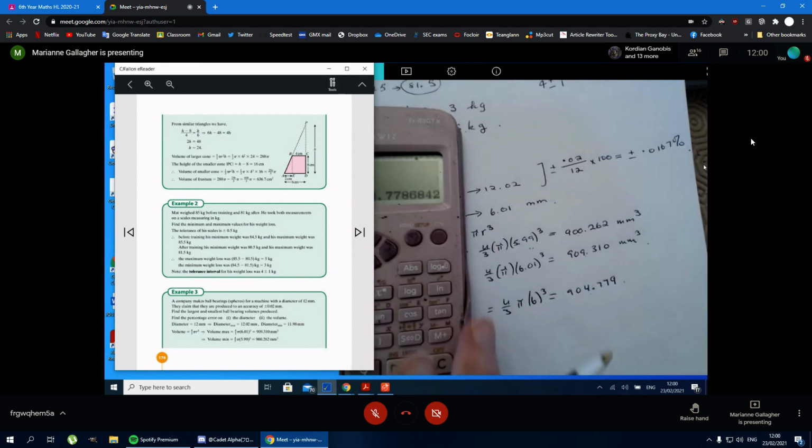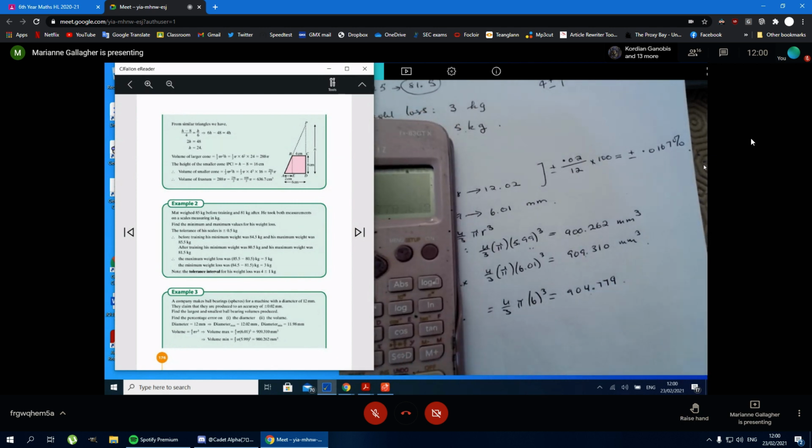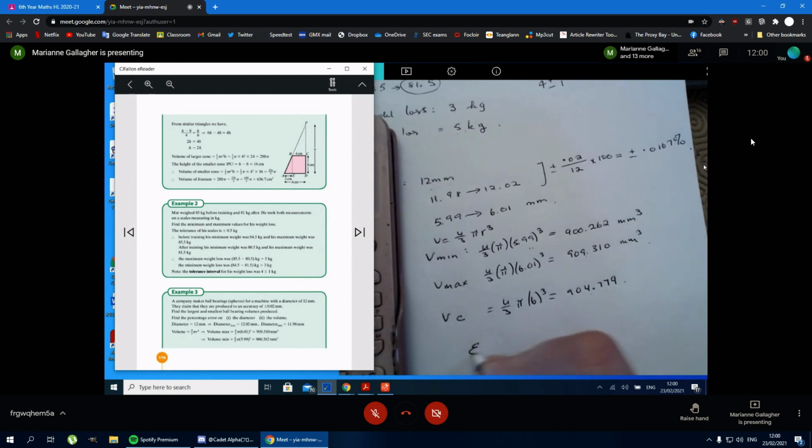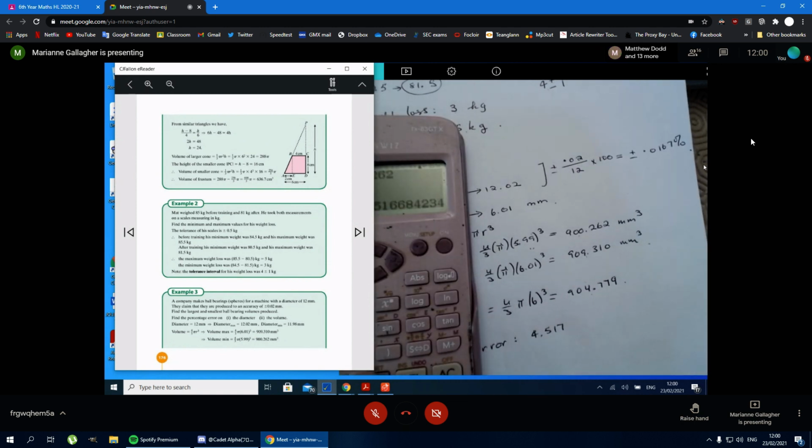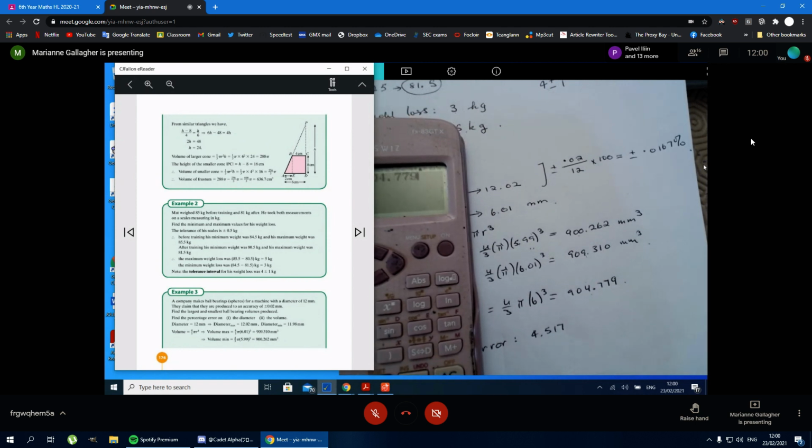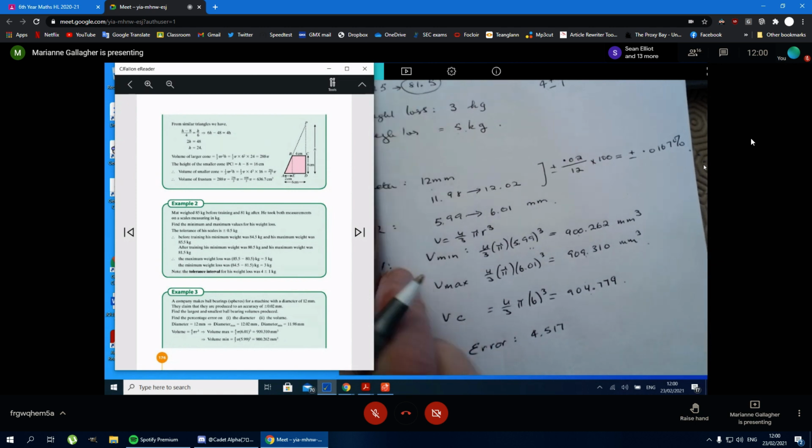Okay, if I do 904.779 minus 900.262, the actual error is 4.517. And if I do it the other way around, 909.31 minus 904.779, I get 4.531. So slight difference, okay?